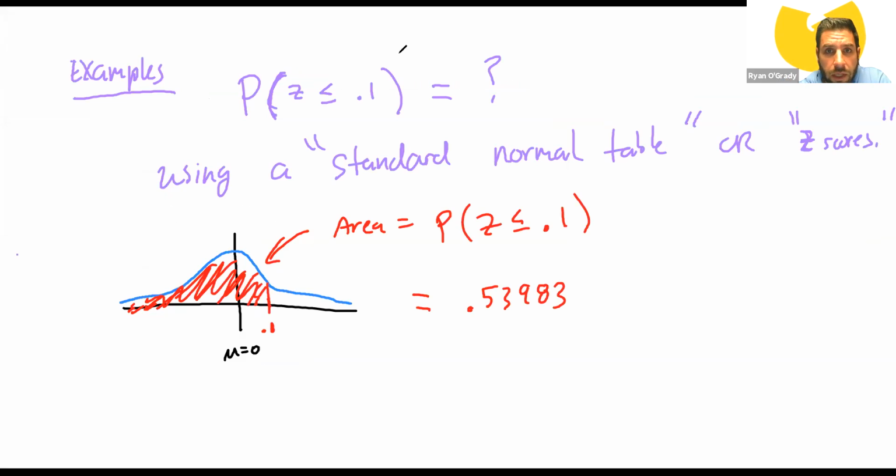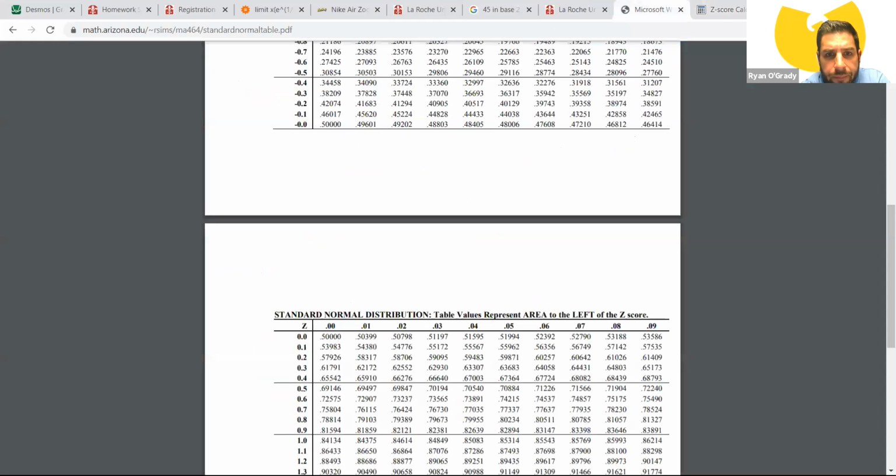All right, let's do another one. We'll stay on this page, just so we can go back to that table. What if I said, what is P, how about 0.67? So if I wanted to know that, I can go back to my table.